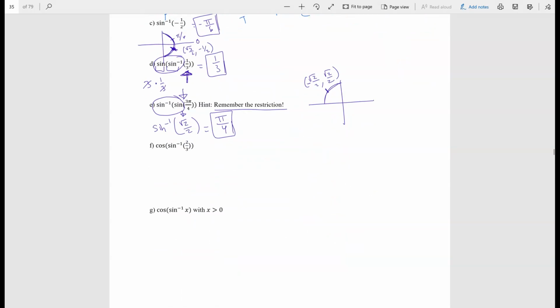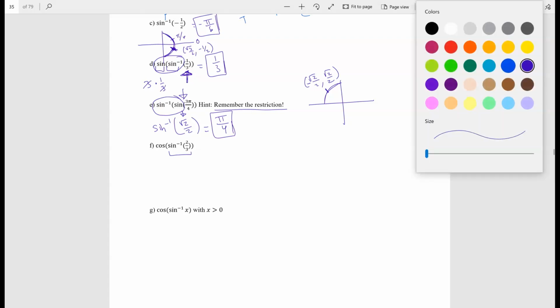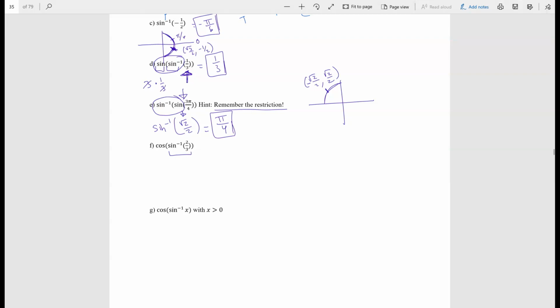All right, here clearly this is not going to go away. You can't have cosine and sine inverse go away. So the first thing you have to do is figure out what exactly is the sine inverse of 2/3. One of the things you can do is use your calculator, but that is not quite what I want you to do. Instead, we're going to make a substitution.